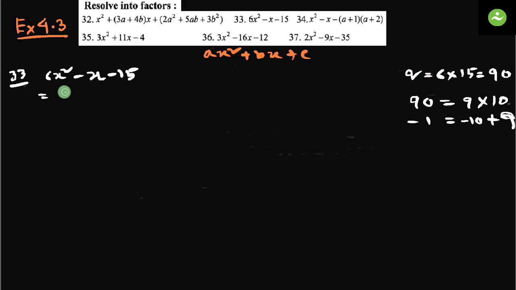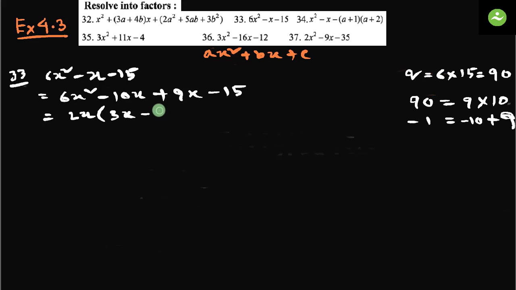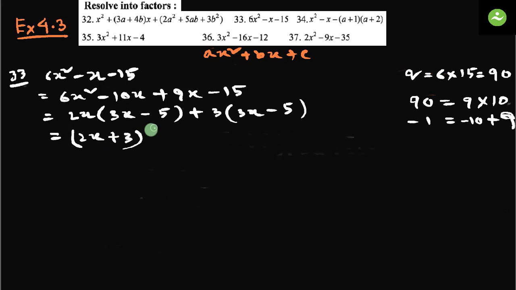Equals 6x squared minus 10x plus 9x minus 15, equals, what we can take common, 2x into 3x minus 5 plus 3x minus 5, equals 2x plus 3 into 3x minus 5. That is the answer.